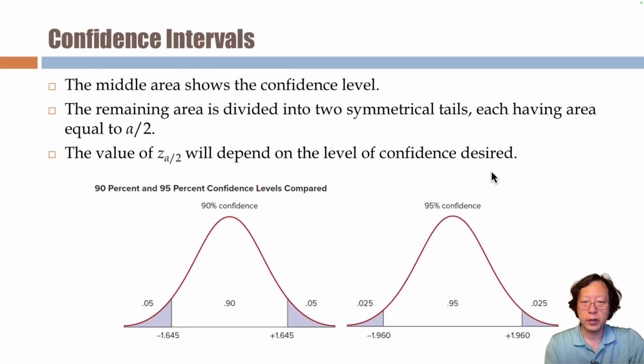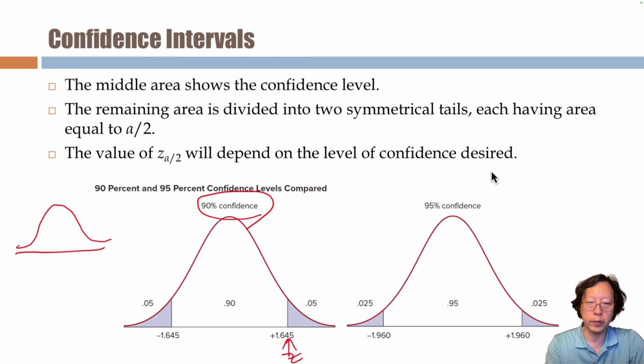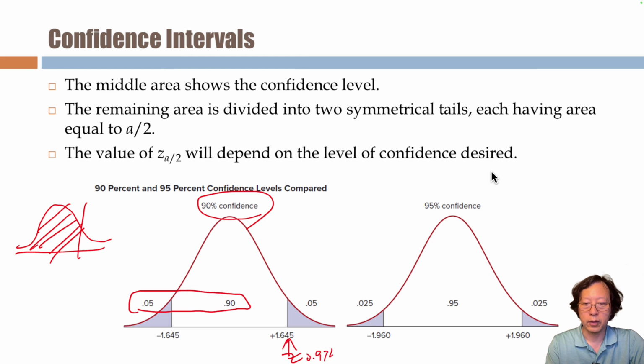So for the 90% confidence interval we are looking for here, our z table shows you all the way down, so you have to add these two numbers. So this is 0.95. In this case, this z value is this plus this, so it's 0.975.